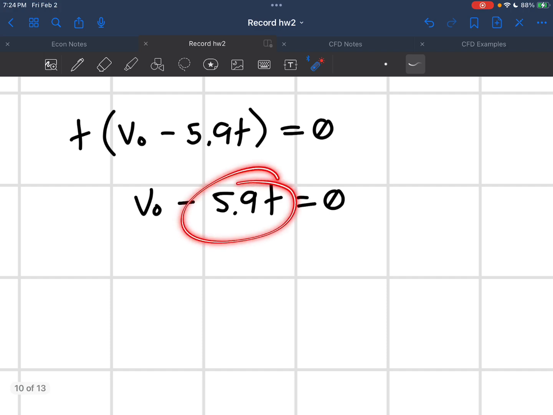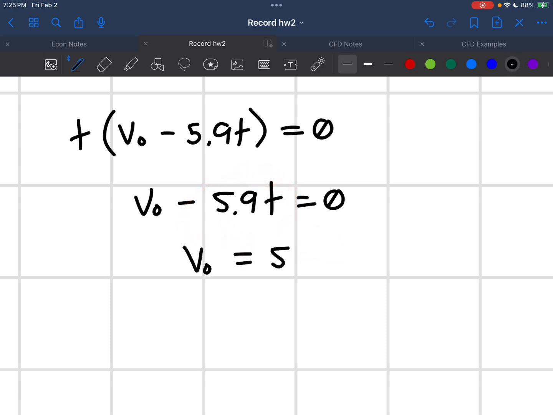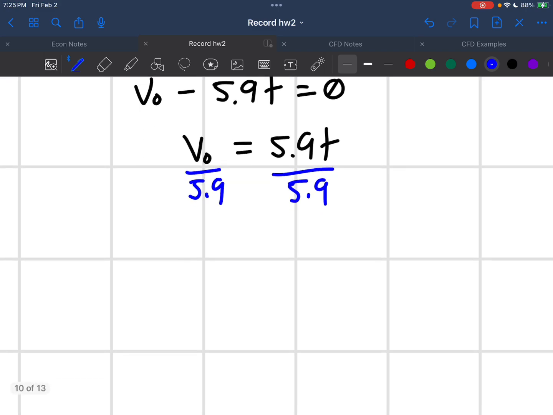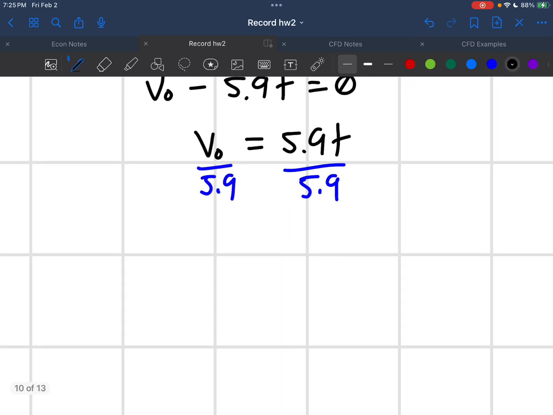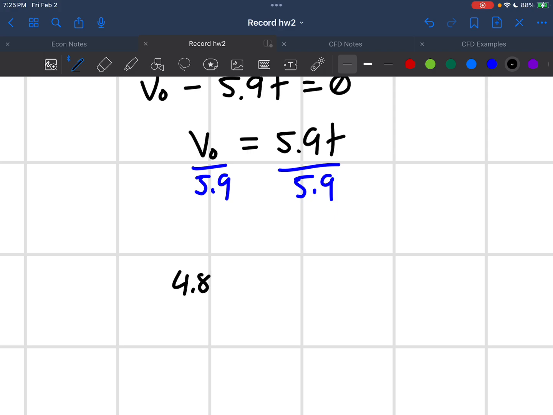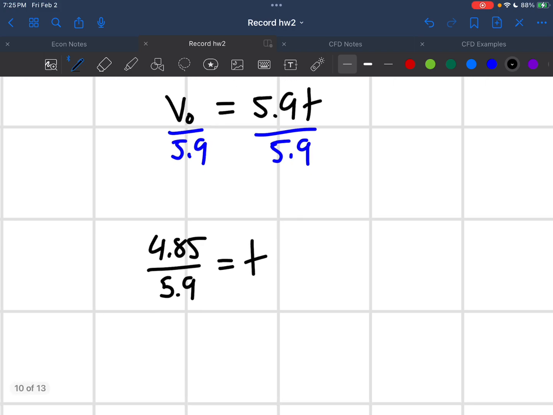So if I add 5.9t to both sides, I get that v naught will equal 5.9t. I can divide by 5.9 on both sides. And remembering that our v naught, or Mary's initial velocity, is 4.85, I divide by my 5.9, and that equals my time.